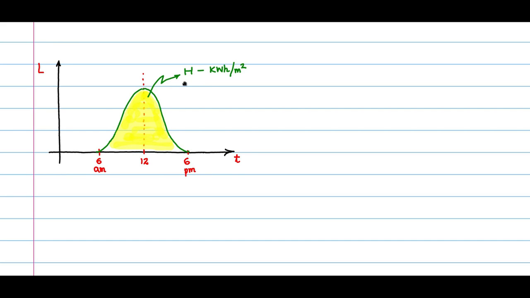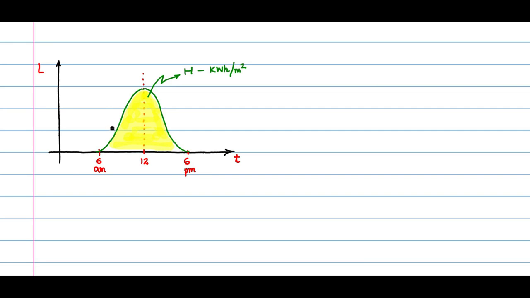So if we make either measurements or estimation at a particular latitude, we will get this curve, and the area under the curve should give us the energy per meter square per day for that particular local latitude.